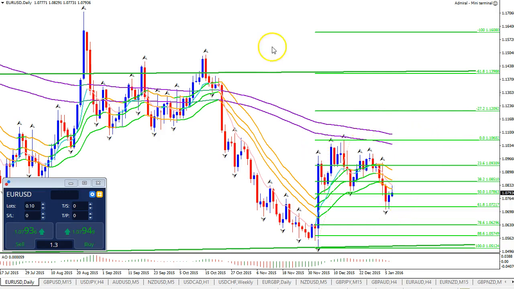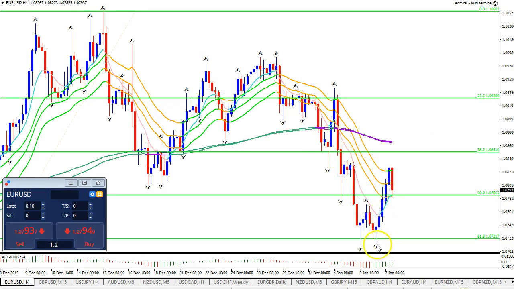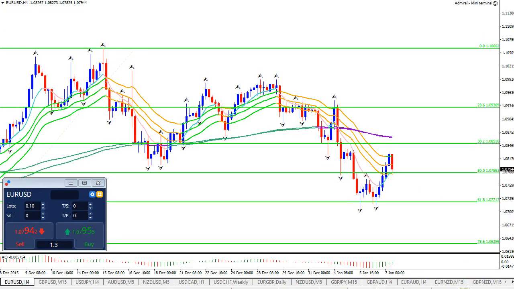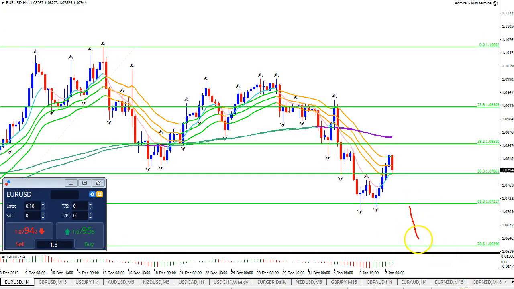All right. So from a 4-hour point of view, we had a double bottom here at the 61.8 target. Got a bit of a rally here already, but it's facing some rejection. Obviously, on the 4-hour chart, there is a downtrend, so that's not strange. There could be a bigger hook back. And then what I'm looking for basically is some clues whether price can break down to the 78.6 fib or whether we get a bounce. Both are possible, right?